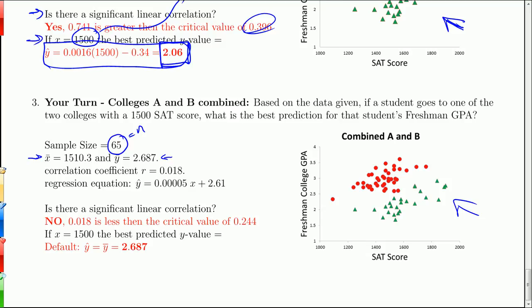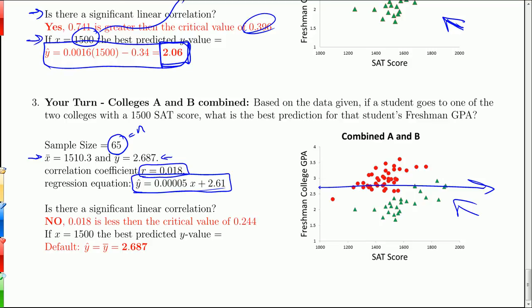Average freshman GPA. The correlation coefficient is 0.018. The regression equation, 0.00005x plus 2.61. So if you were to graph this thing, it'd basically be a 2.61 somewhere here going straight across. So the regression line when you have a very small correlation is very close to horizontal.